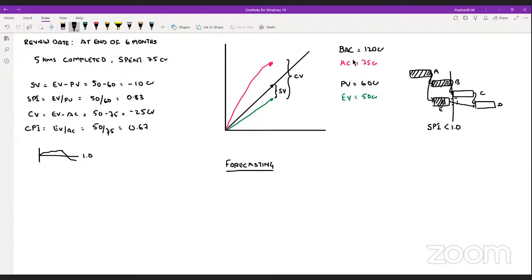Now, because of this delay, what might happen? The actual cost might be more than the BAC. Actual cost might increase.